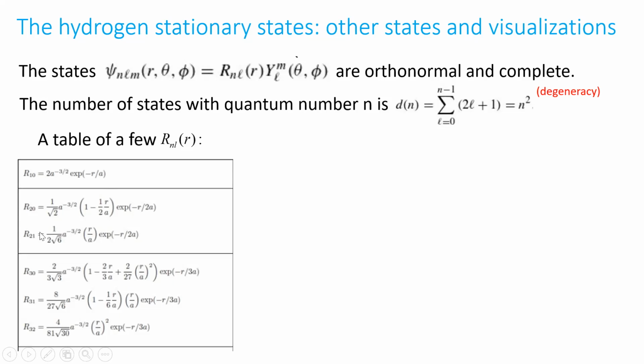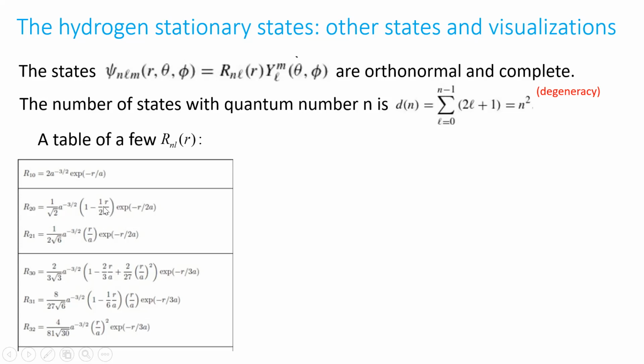And we get that for each one with n equal 2. We also get a polynomial here. Since n is equal to 2, the polynomial is of higher degree. Here the polynomial was of degree 0, so it was a constant. Here the polynomial is of degree 1. It has a single power of r in it.